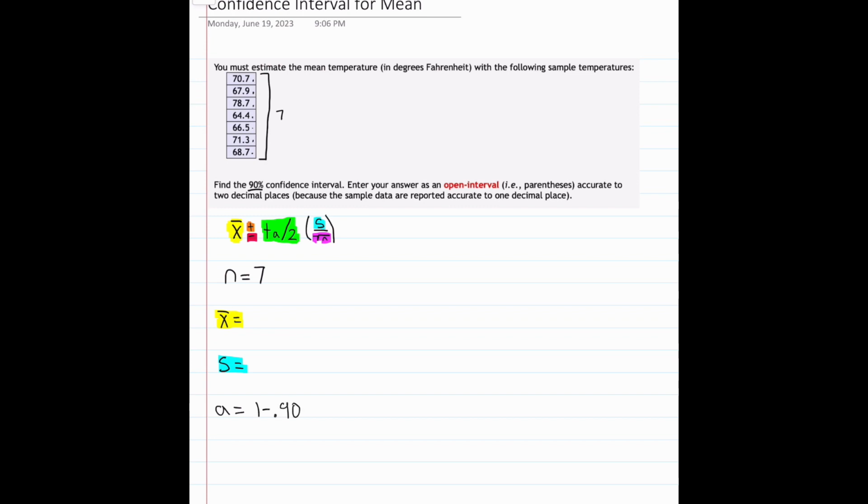The equation to find alpha is 1 minus whatever percent it's asking you to find. And so 1 minus 0.9 gives us 0.1. And now to find the t of alpha over 2, we'll do the 0.1 divided by 2, which gives us 0.05.